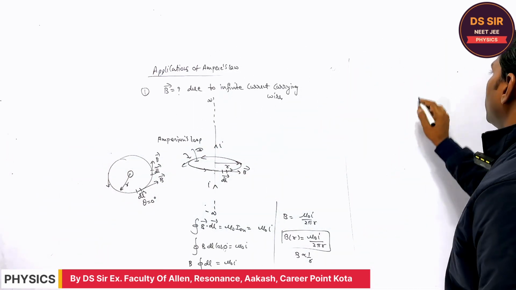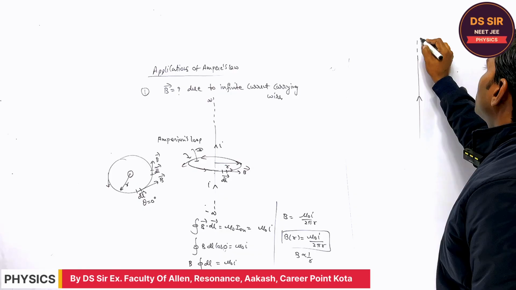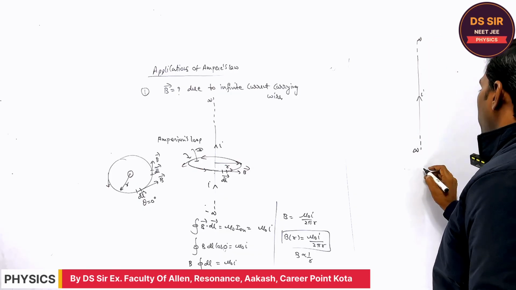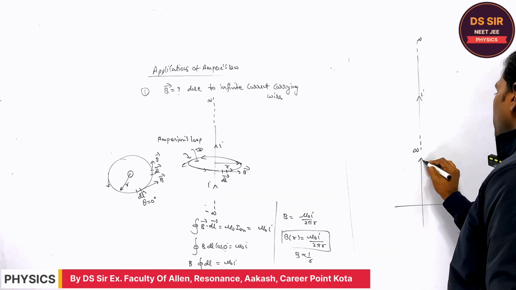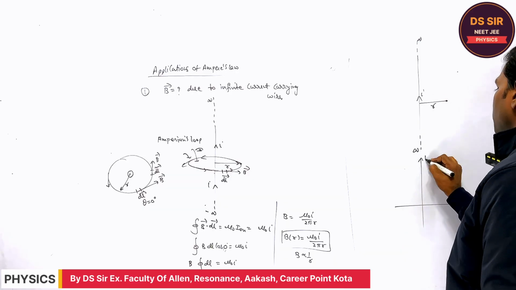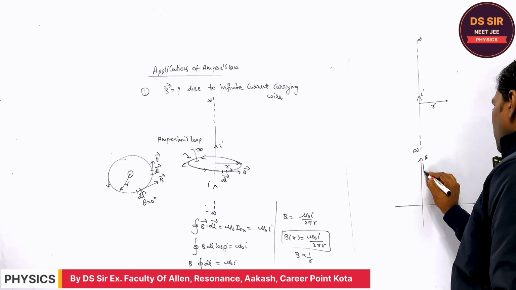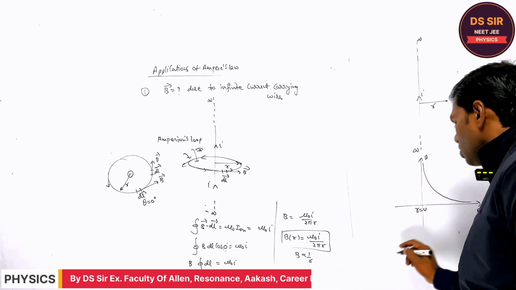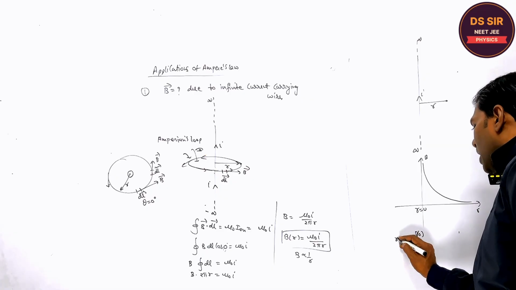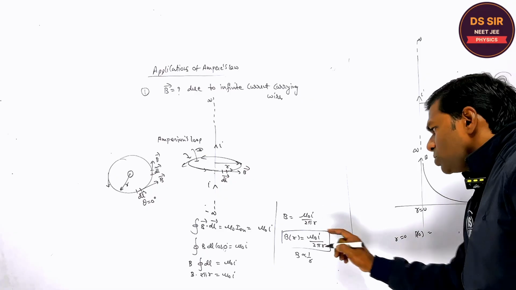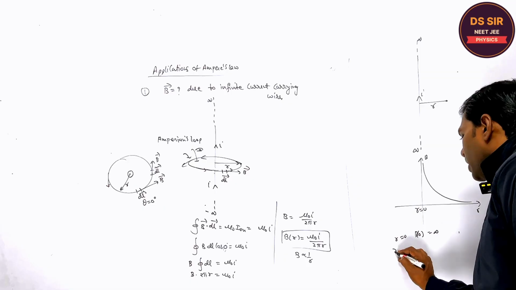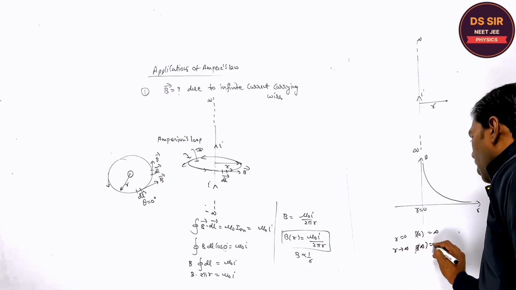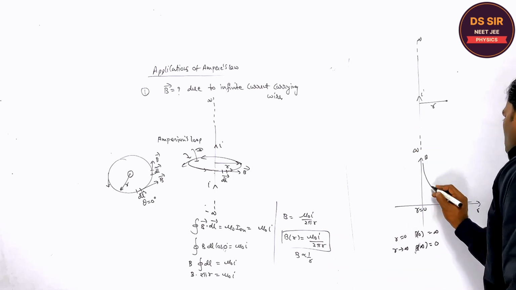If you draw the graph between magnetic field B and distance r for the current carrying wire, the graph is a hyperbola, because at r equal to 0, 1 upon 0 tends to infinity, and as r tends to infinity, 1 upon infinity becomes 0.